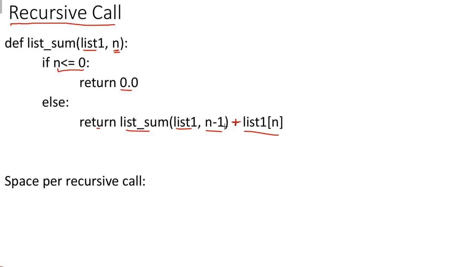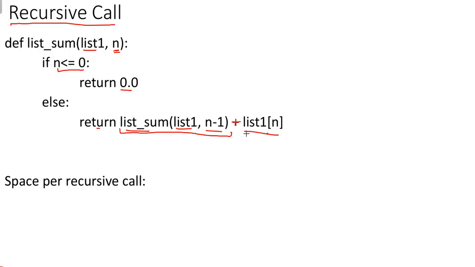So it is again a decrease and conquer kind of strategy in recursion. We are summing this, and then adding the nth index of that list into the sum.